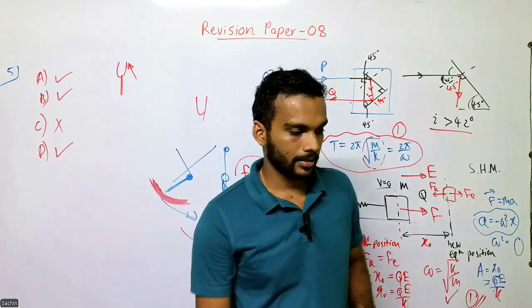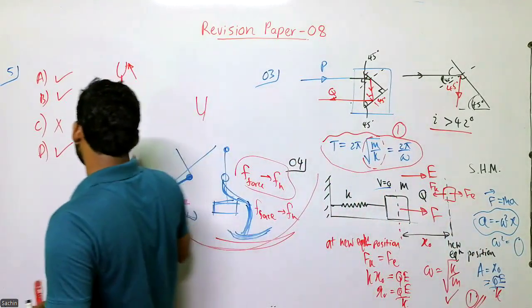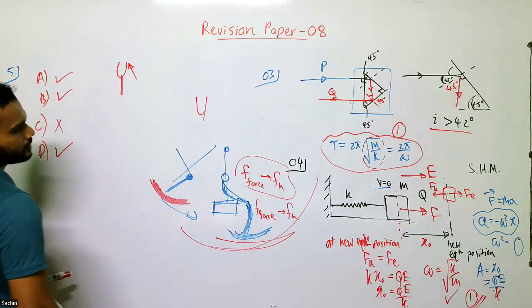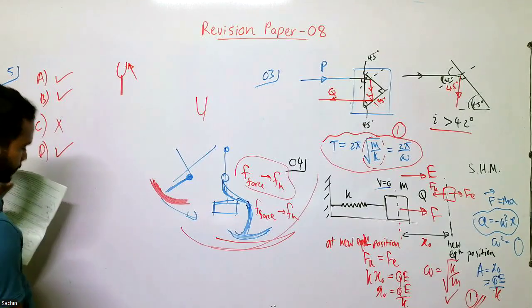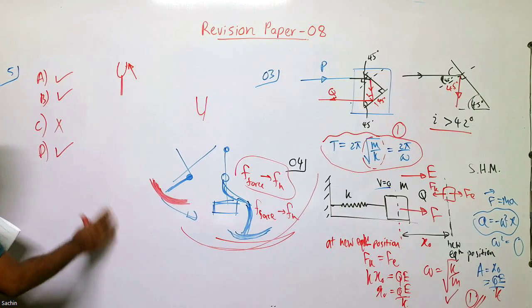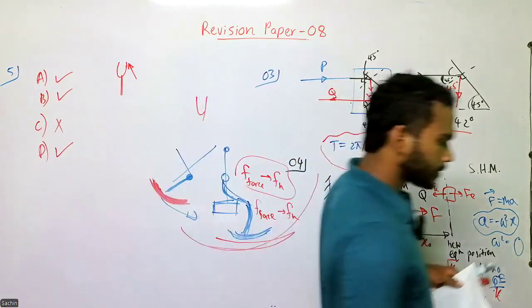Okay, like dancing bridges. You can search it on YouTube. There are a few scenarios that happened at different places in different countries due to this bridge oscillation. Okay.